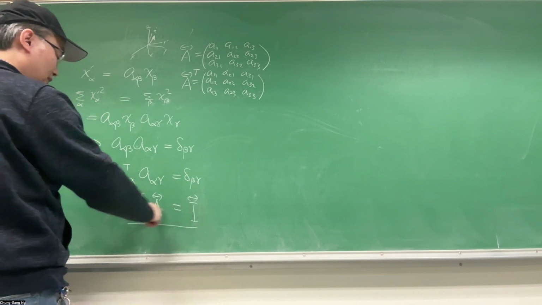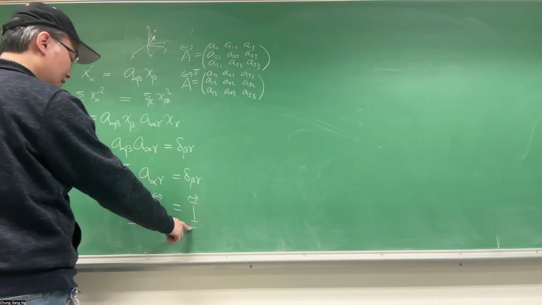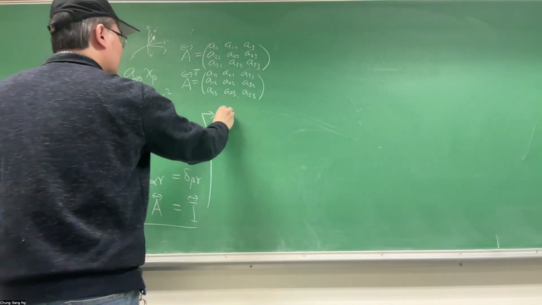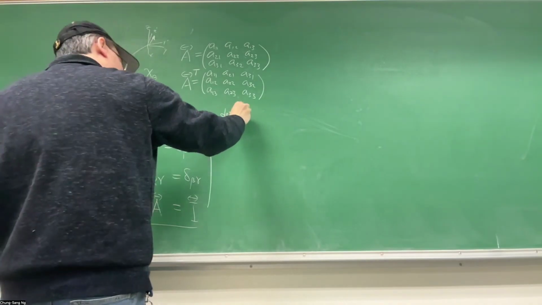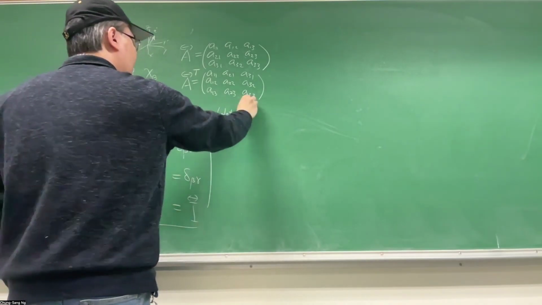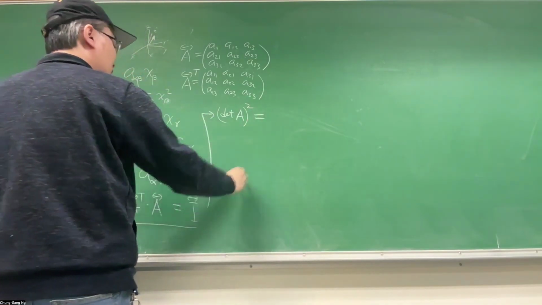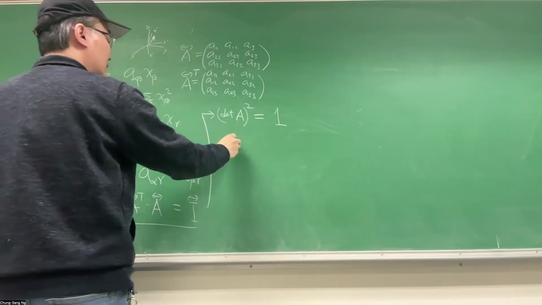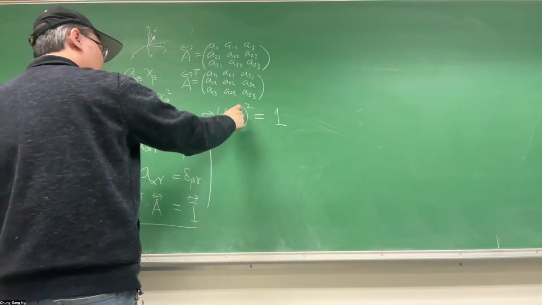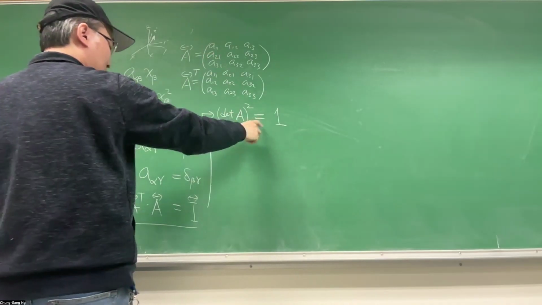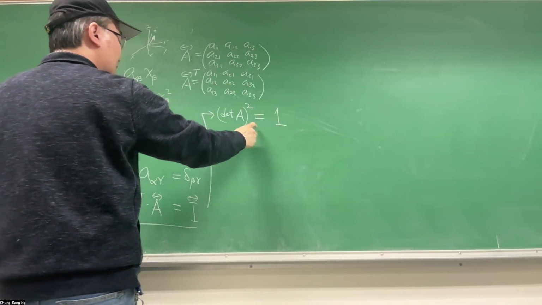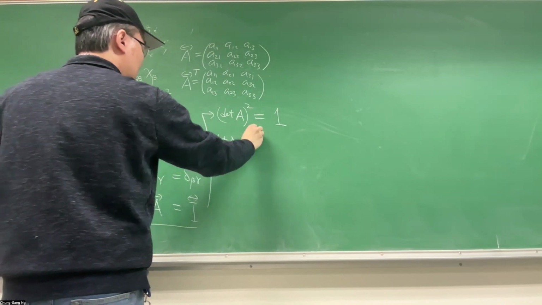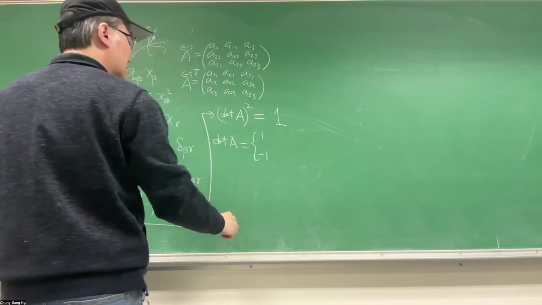So you take the determinant of the left-hand side and right-hand side, then you see that this implies determinant of A squared equals the determinant of the identity matrix, obviously, so that the determinant squared of A, the transformation matrix, must equal 1. So there are two possibilities: determinant A can be 1 or minus 1.